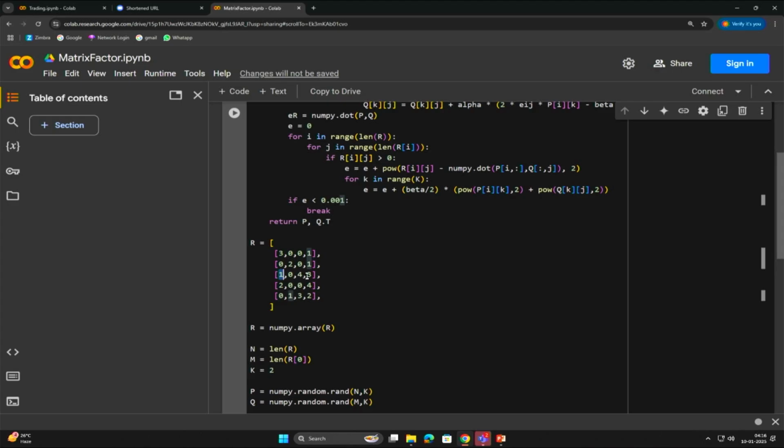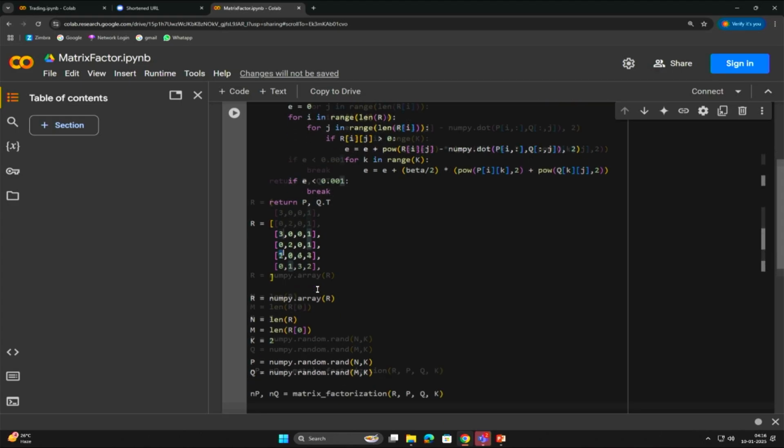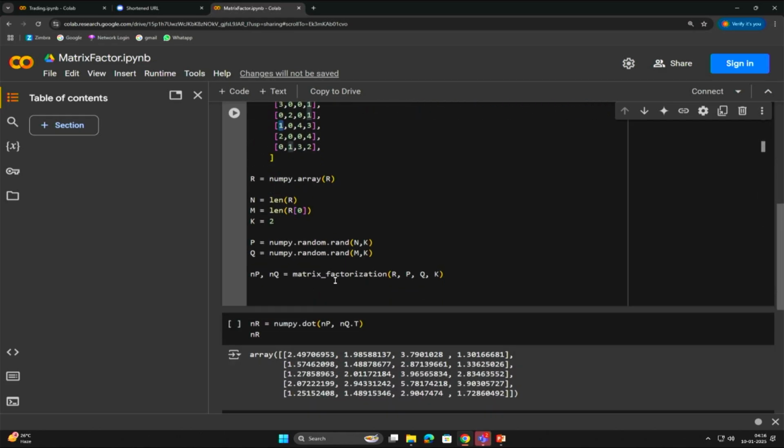So I've changed my original matrix and said, okay, customer number 3 also saw this and really liked it, but customer 3 did not like the first product. So customer 3 is exactly opposite to customer number 1. And what the model says is to recommend it to virtually every customer here.